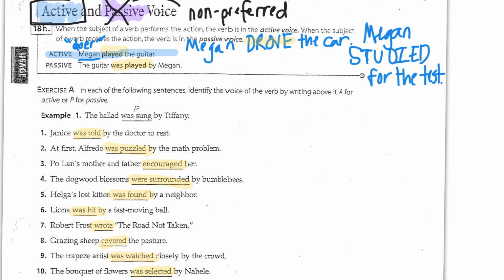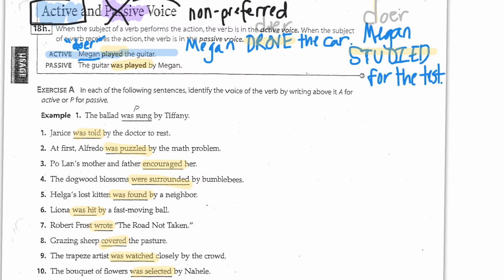She is simply using her mind, and she is thinking, and still, that's an active voice sentence. Okay, because we have the doer, Megan, as the subject of the sentence. And what we have Megan doing is Megan is studying, Megan is driving, or Megan is playing the guitar. Okay, think about that for our active voice sentences.